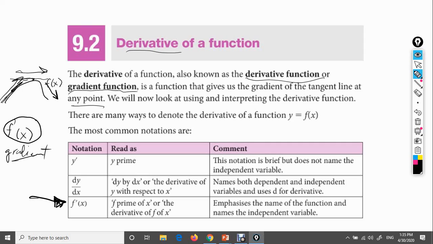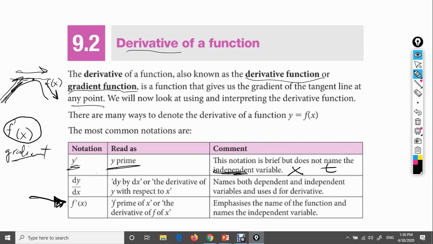So here in this table, we have some other notations for the derivative. This one is very common as well, y prime. The problem with this notation is that it does not name the independent variable. It doesn't name x, which is normally the independent variable. Sometimes you will find other independent variables, namely, say, time, for example, is a common one. So you might find an independent variable as t.